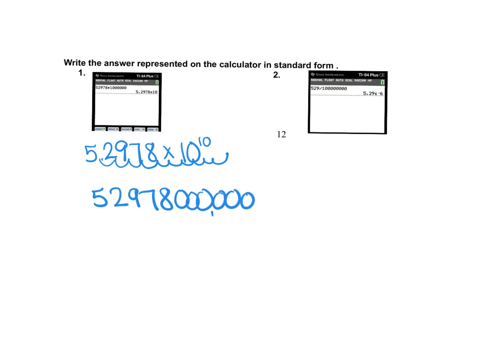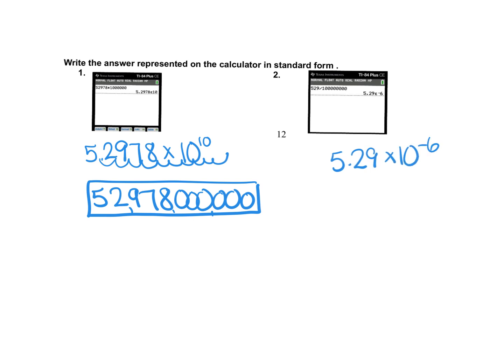All right, so there we have our new number. That's a really big number. And notice the reason why the calculator couldn't go out that far, so it wrote it as an exponent. Whereas for our second example here, I have 5.29E, which is going to be times 10 to the negative 6 power.